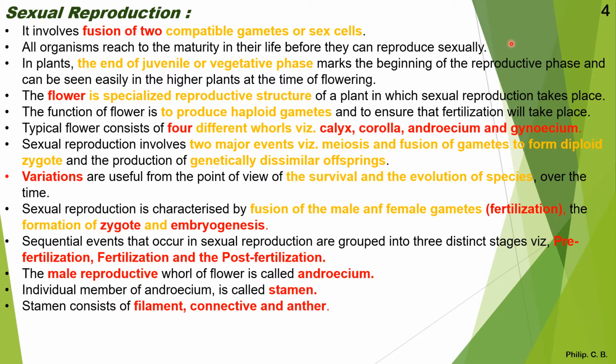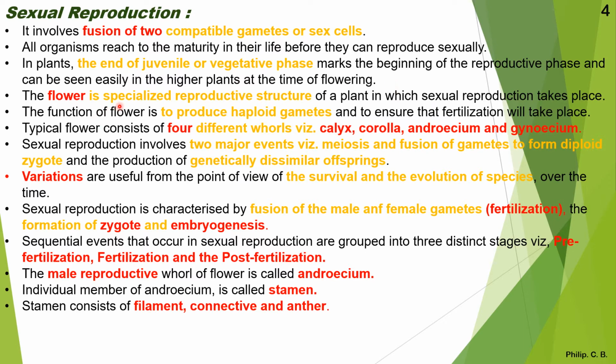So initially the flower reaches maturity, with the formation of the male part and the female part, androecium and gynoecium. In plants, the end of the juvenile or vegetative phase marks the beginning of the reproductive phase and can be seen easily in the higher plants at the time of flowering. So initially it is a vegetative phase which then ends and begins the reproductive phase.